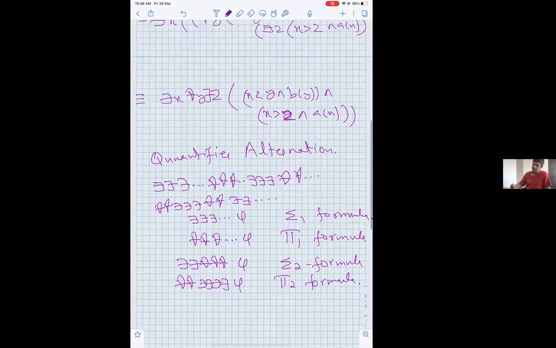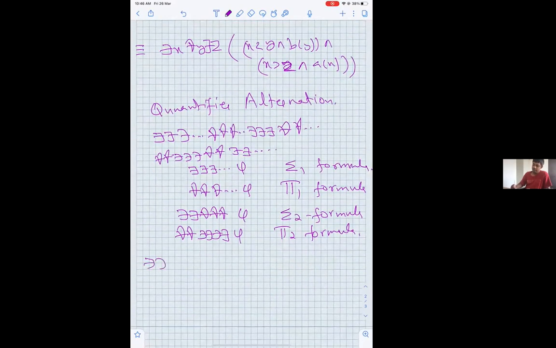In general, if I have some there exists, there exists, there exists, then some for all, for all, for all, some there exists, there exists, some for all, for all. I have block 1, 2, 3, I count up to n, I'll say this is a sigma n formula. It doesn't have to end with for all. I just count, it has to start with there exist, and then there are subsequently n blocks, I'll say it's a sigma n formula.